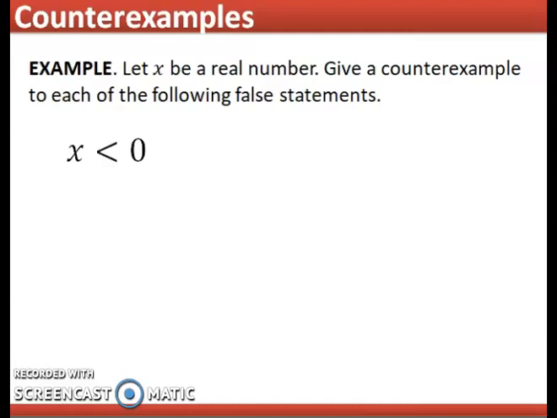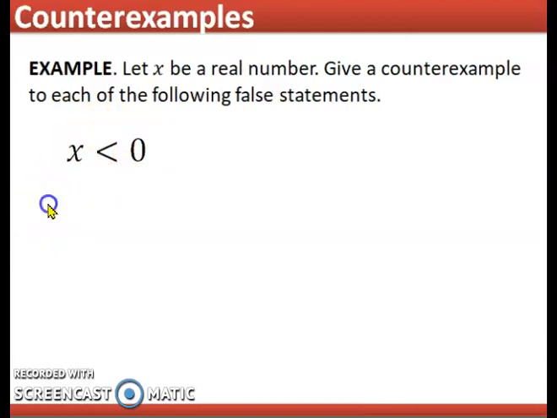Let us have another example. Let x be a real number. Give a counterexample to each of the following statements. First, x is less than 0. Alright, so a particular counterexample could be a number that is not less than 0. Meaning, it is greater than 0.